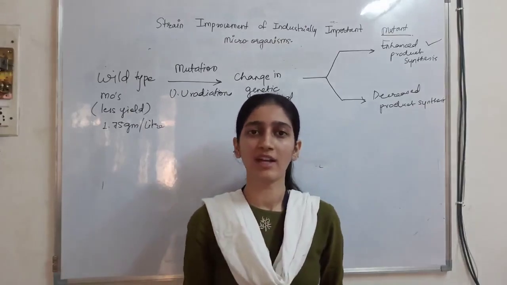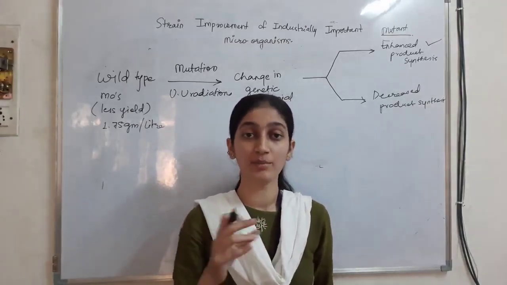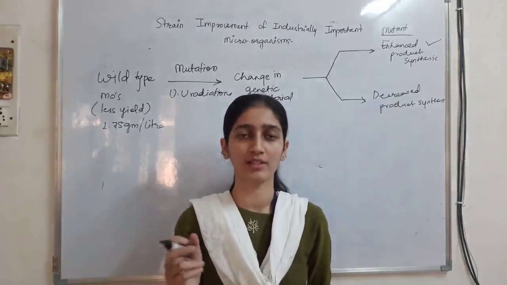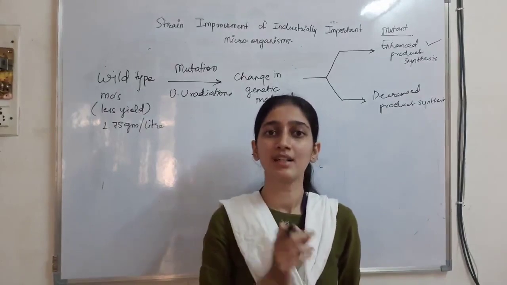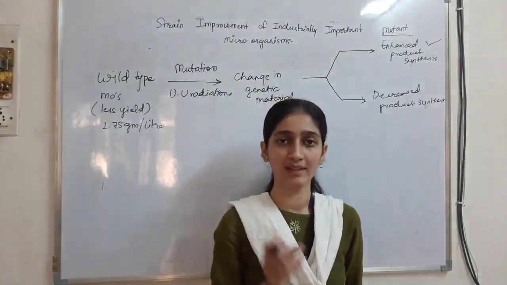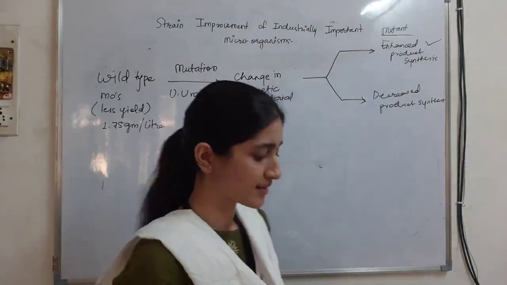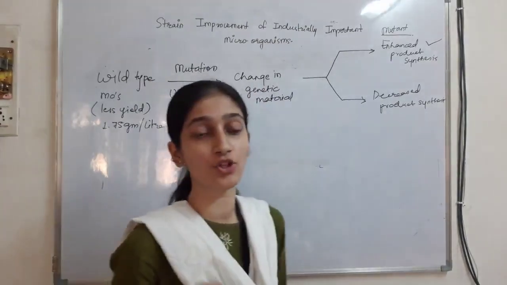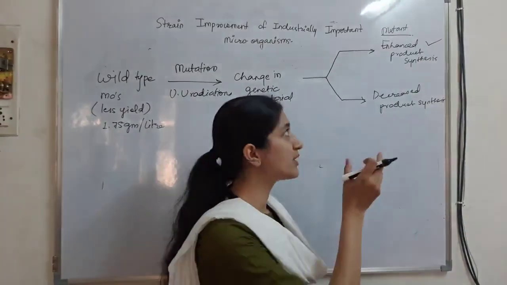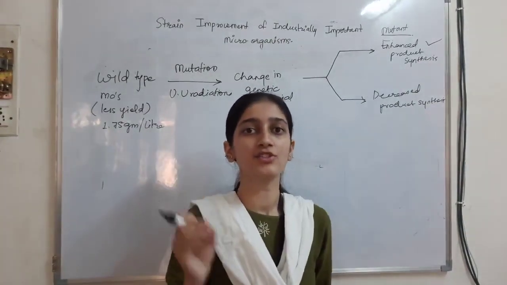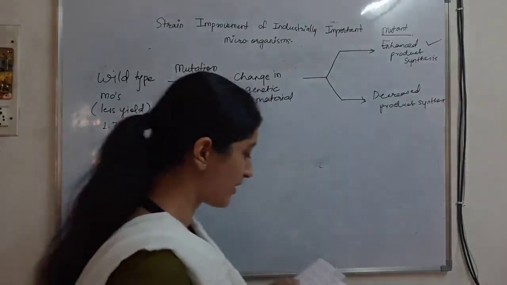Those which survive lethal doses of mutagenic agents, they mutate, they transform into mutant microorganisms, whereas organisms which do not survive these high levels of lethal doses, they die in that case. So it is a very complicated job, but again, the selection of the mutant which is giving us higher yields of the product is again a tedious technique.